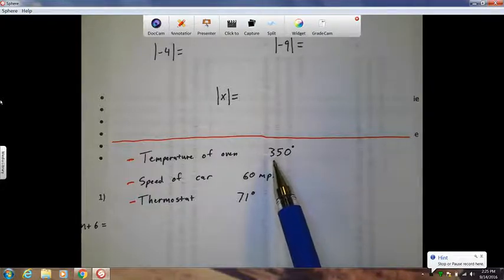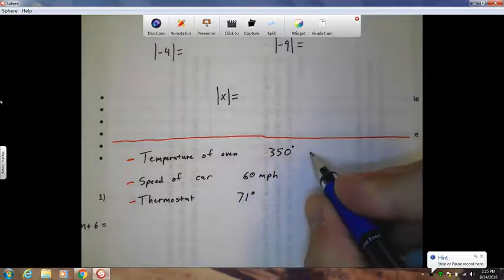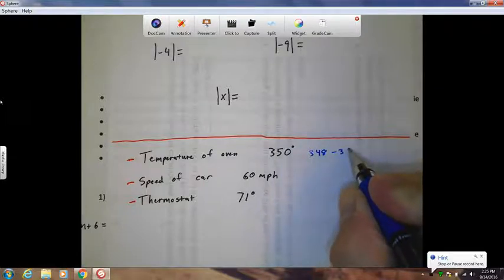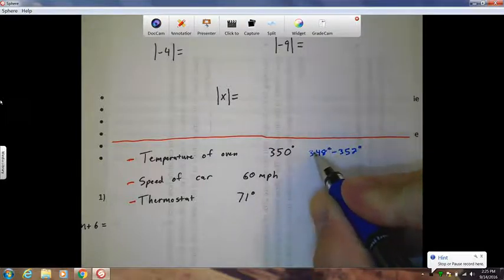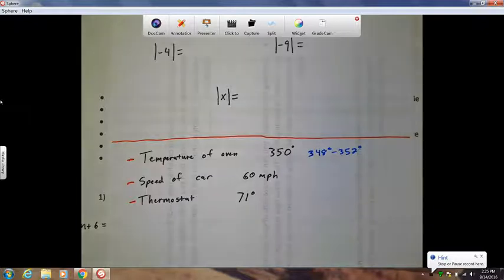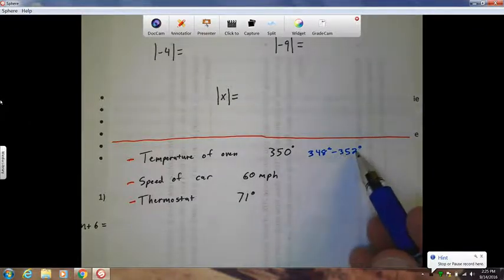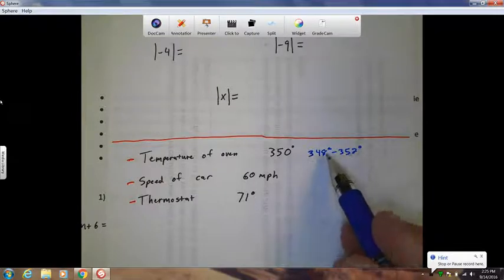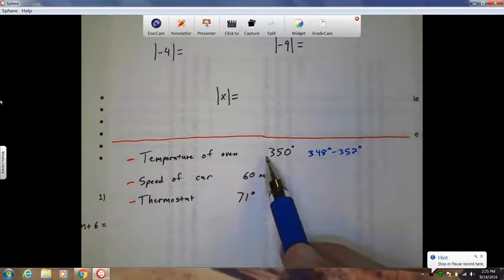Because if you watch an oven, it turns on, and it'll heat up, and then it'll stop, and then it'll turn on again. So it's really maybe closer into this range. So the oven heats it up a little bit more, maybe lets it cool down a little bit less. But it's not going to be exactly 350 all the time.